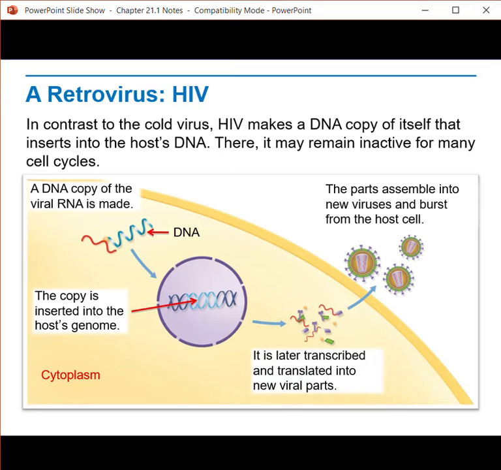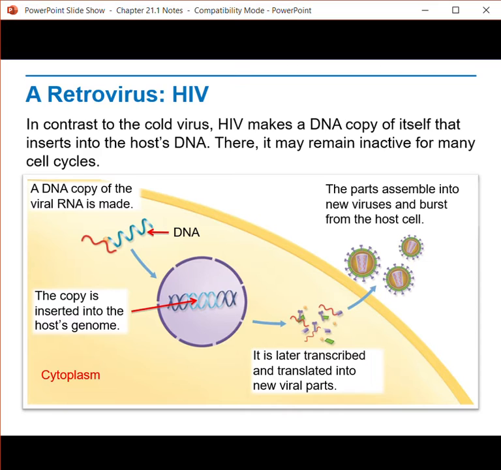The genetic information of a retrovirus, like HIV, is being copied from RNA to DNA instead of DNA to RNA, which is the proper way. Therefore, it's backwards. The virus is completing these steps backwards because DNA makes RNA makes proteins, but not in a retrovirus.